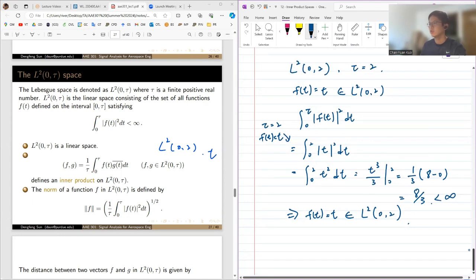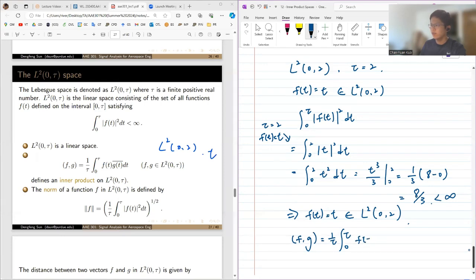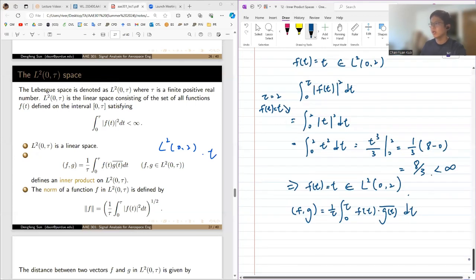Okay, so for this Lebesgue space, we can define another standard inner product. The inner product of f and g will equal 1 over tau times the integration from 0 to tau of f(t) times the complex conjugate of g(t) dt.